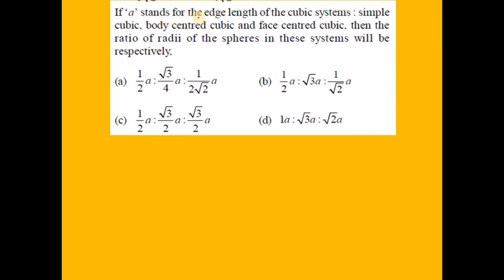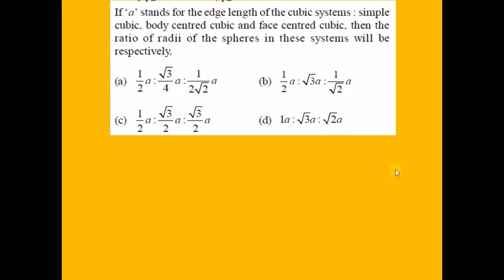Next question. If a stands for the edge length of the cubic systems simple cubic, body centered cubic and face centered cubic, then the ratio of radii of spheres in these systems will be respectively? They have given the edge length, and for simple cubic, body centered cubic and face centered cubic, they are asking the ratio of the radius.